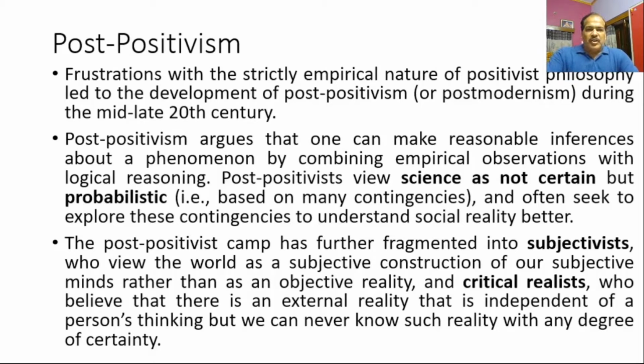Basically, this approach argues that one can make reasonable inferences about a phenomenon by combining empirical observations with logical reasoning. It views science as not certain. In place of certainty, it talks about the probabilistic, based on many contingencies, and often seeks to explore these contingencies to understand social reality and order.